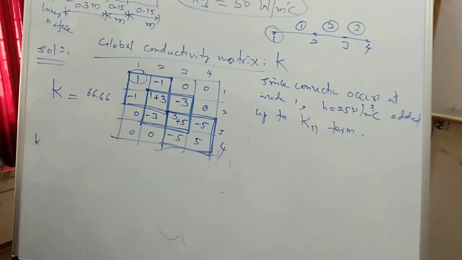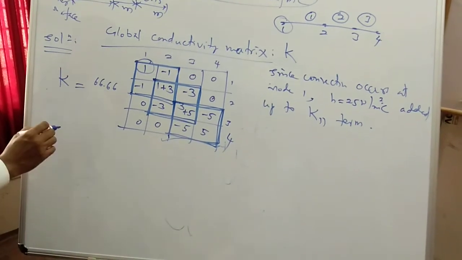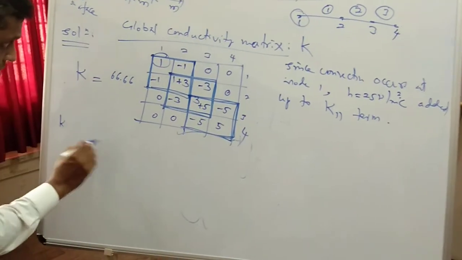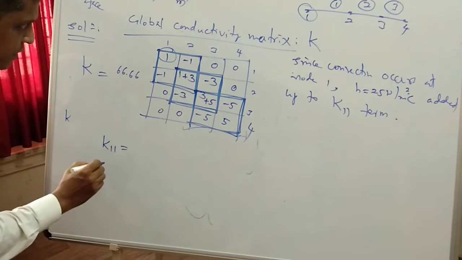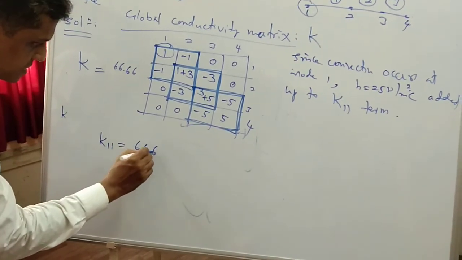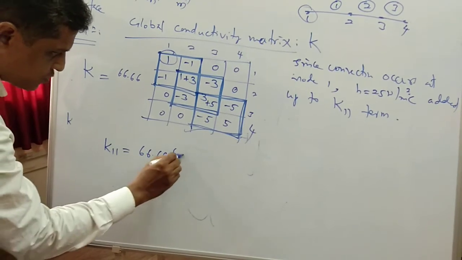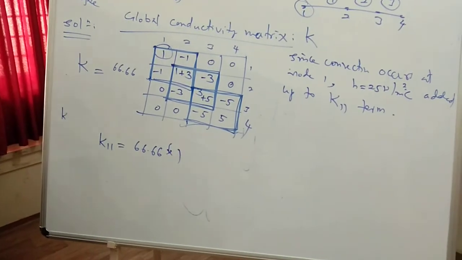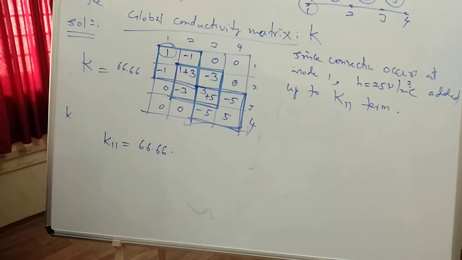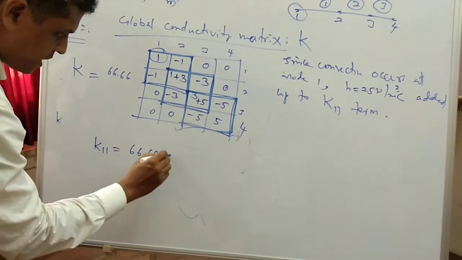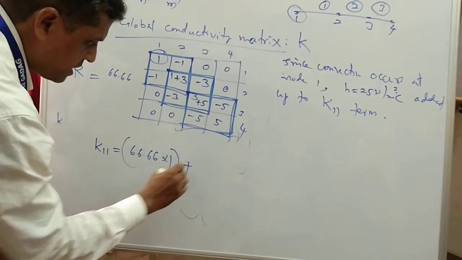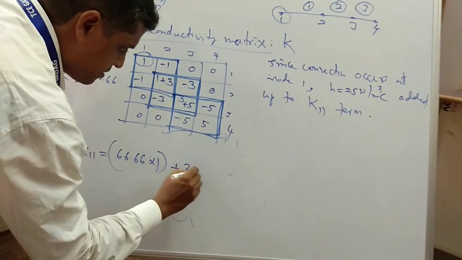K11 term is this one. By considering the convection, the new value of K11 will become 66.66 into 1, this is the K11 term, and the H value has to be added, plus 25.